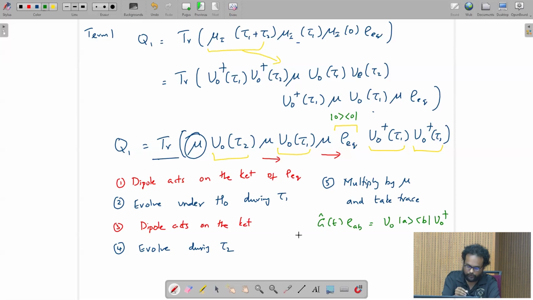If I do this, then you will see my Q1 simply becomes the trace of mu G of tau 2, mu G of tau 1, mu rho equilibrium.